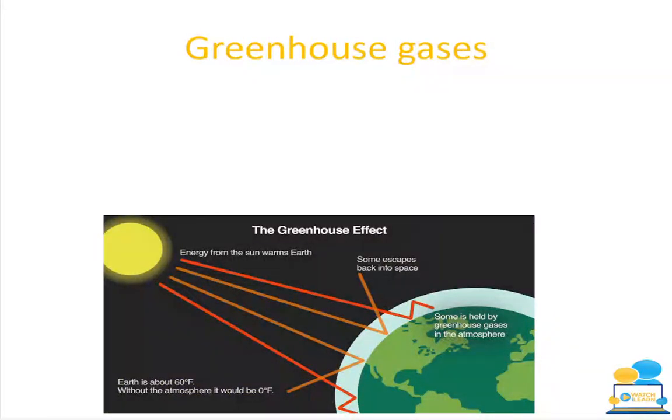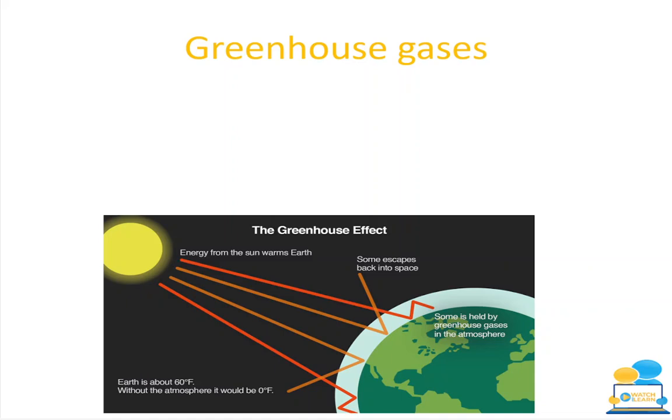So greenhouse gases, this is something you really need to know about for science and for home economics. So if we have a look at this picture here, we can see the greenhouse effect. So we have the sun and we have radiation or heat being emitted from the sun. And what happens is this goes and hits the earth.